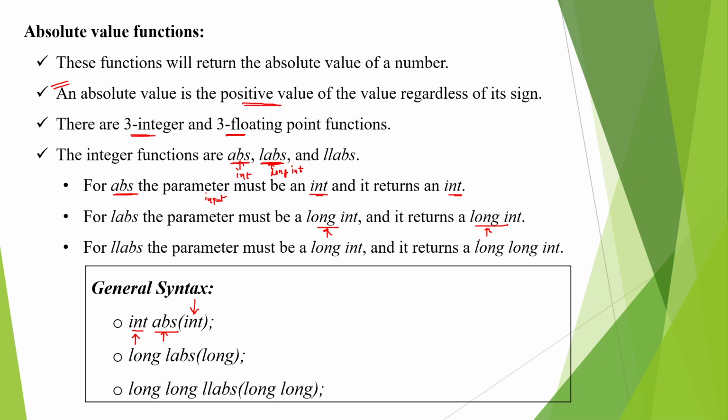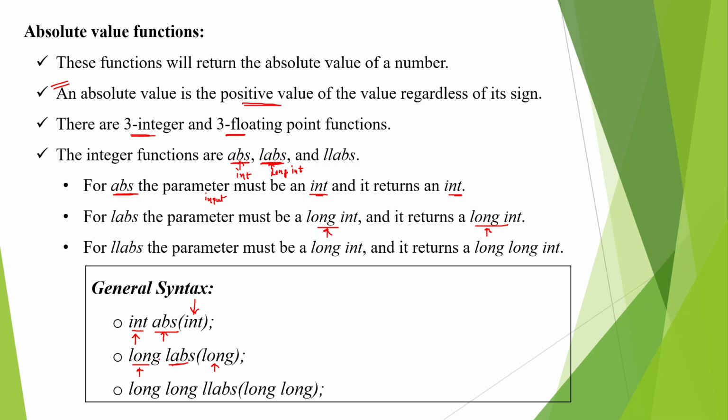You are giving positive or negative long integer, you will always get the return value as a positive long integer only. Taking either positive or negative input and returning always positive output.